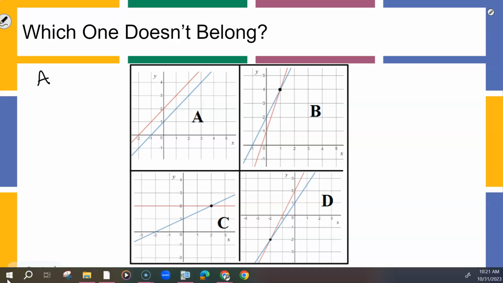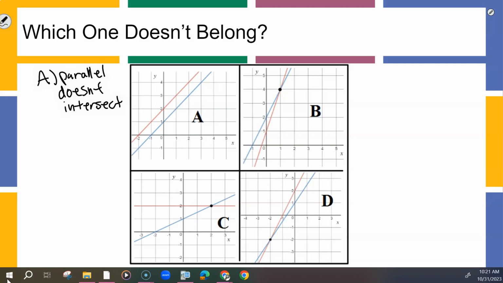Okay. Not necessarily perpendicular, but that they intersect. What other ones did we have in mind? Why would B not belong? Is it because they intersect?